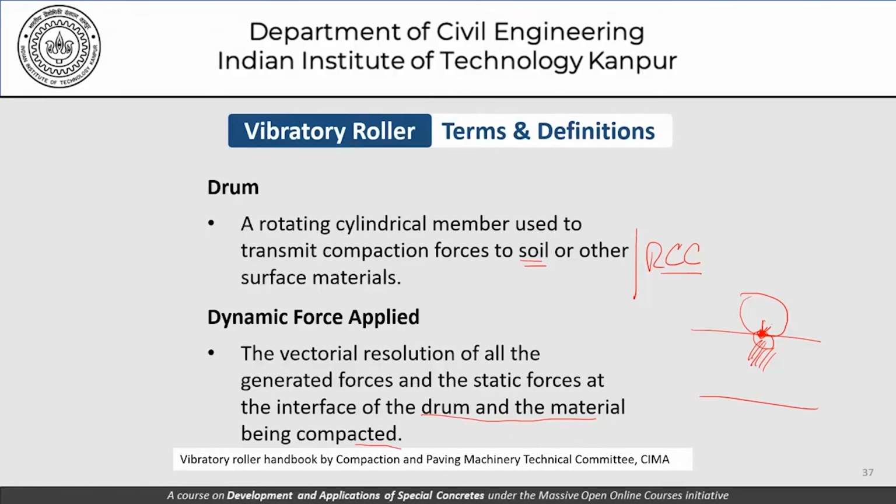So if this is a layer of concrete being compacted and this is the roller that is moving on that, at the point of contact, there's a transmission of forces which governs what is the kind of compaction that will happen here. So this is what we need to study more closely, and that's what our definition is.